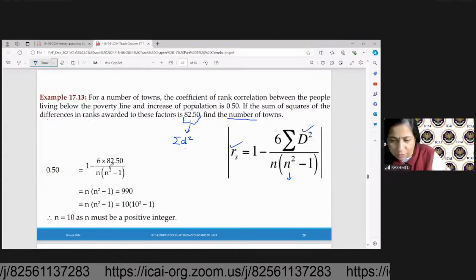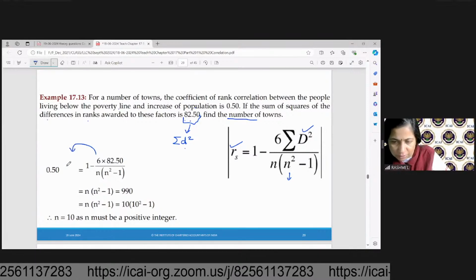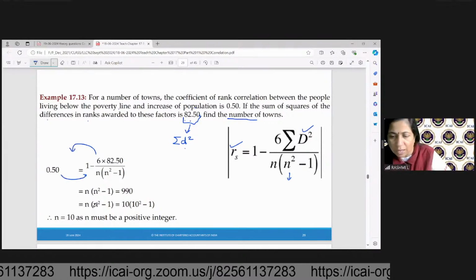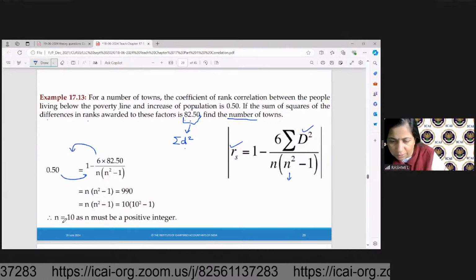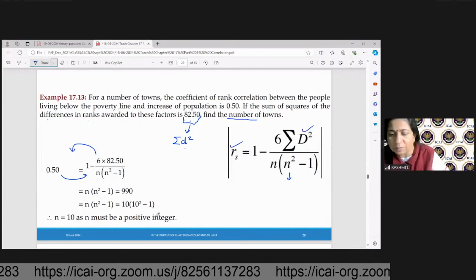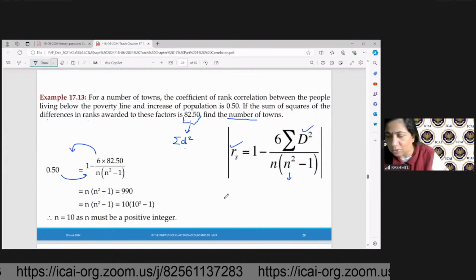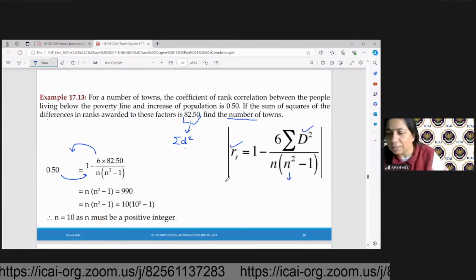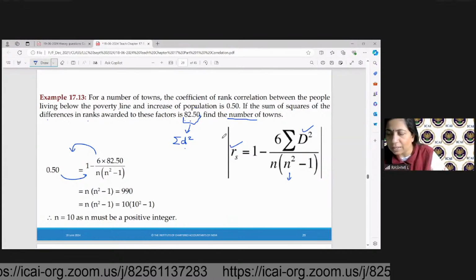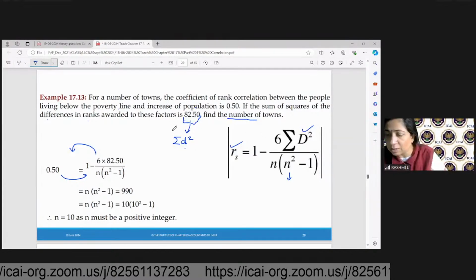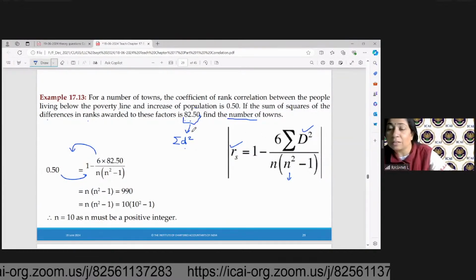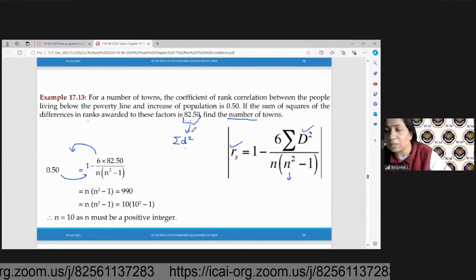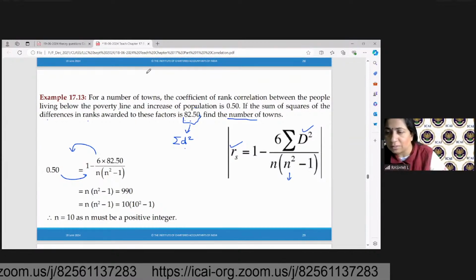You can take this to this side and 0.5 to the other side, and you solve this, you get N is equal to 10, as N must be an integer. So 10 towns. You have taken the data of 10 towns and drawn this conclusion.